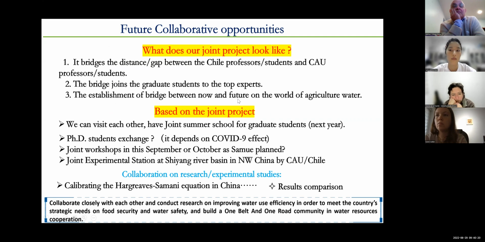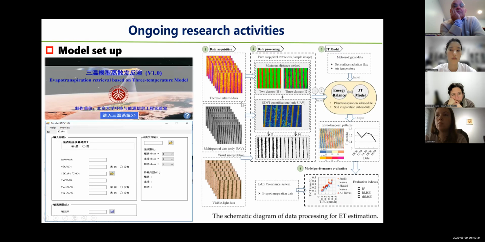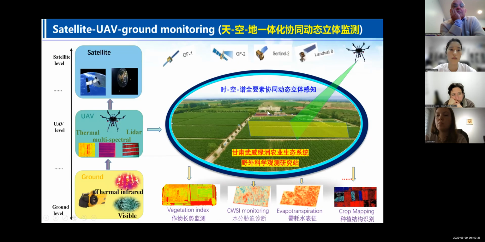We have also done some research in the Shiyang River basin. In our experimental station, we have done some vegetation index monitoring, CWRCE monitoring, ET monitoring, and some crop mapping monitoring. So we have some common interests.